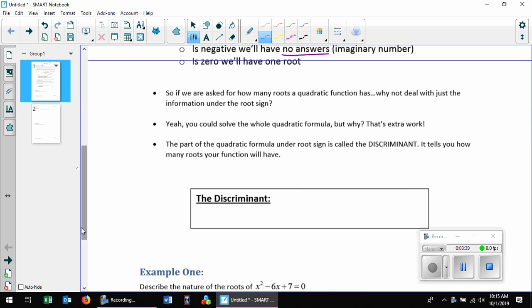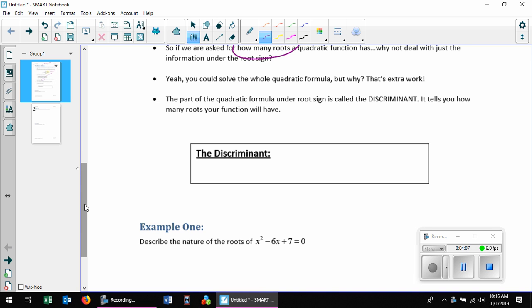Okay, so if you were asked how many roots, just deal with the information that you need. So you're going to deal with the stuff under the root sign. If you solve for the actual locations of the x-intercepts, you can, and you'll get the right answer. I won't be looking for it, you'll have to say like 2 roots, but it's extra work.